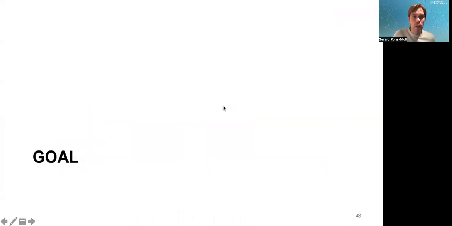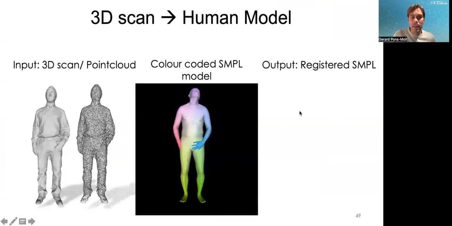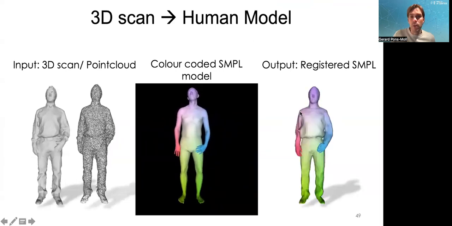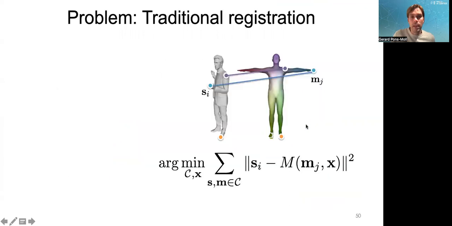So here the goal is, again, the same exact goal as before: we want to obtain a registration from a point cloud. But we acknowledge that the problem with classical fitting is that you minimize an objective of this form, where you're minimizing over the correspondences themselves and X, which are the model parameters.